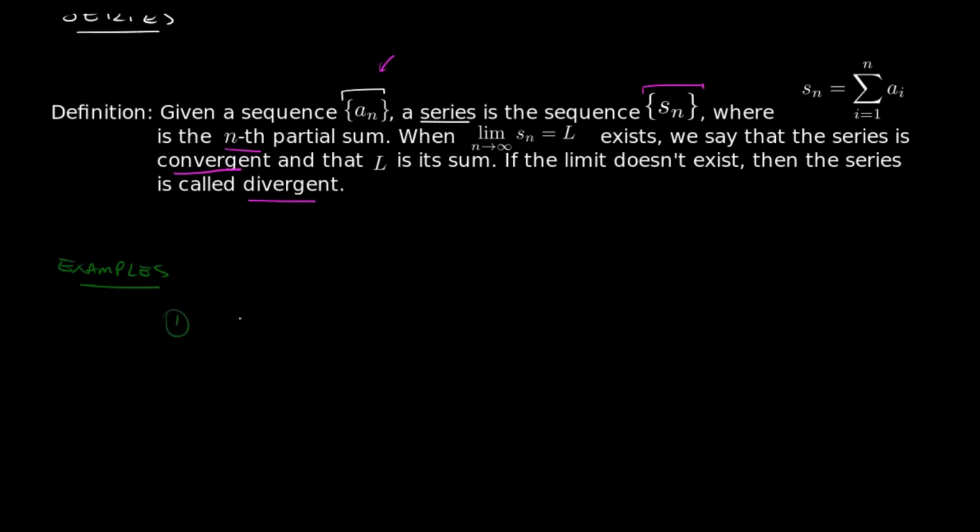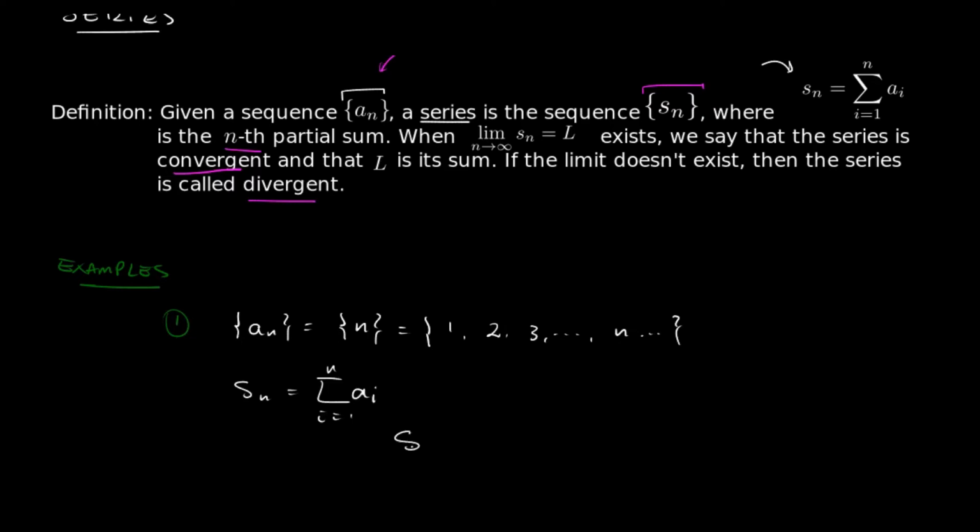For the first example, let's take the sequence a sub n to be n. So a sub n is the sequence 1, 2, 3, and so on, all the natural numbers. And what we're going to do is create this other sequence. So s of n is going to be the sum from i equals 1 to n of a sub i.